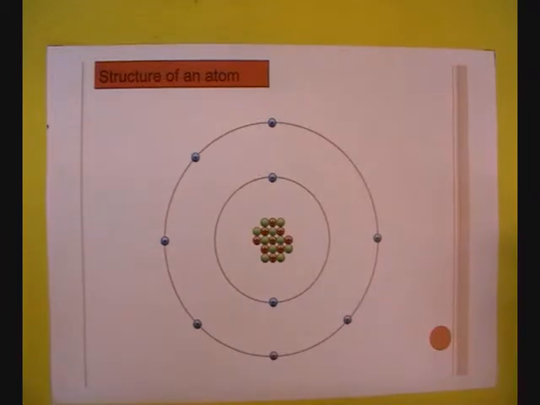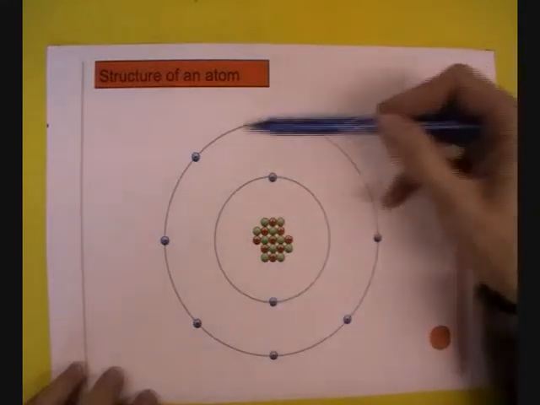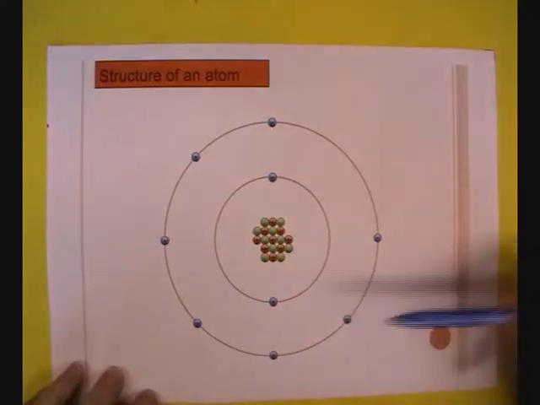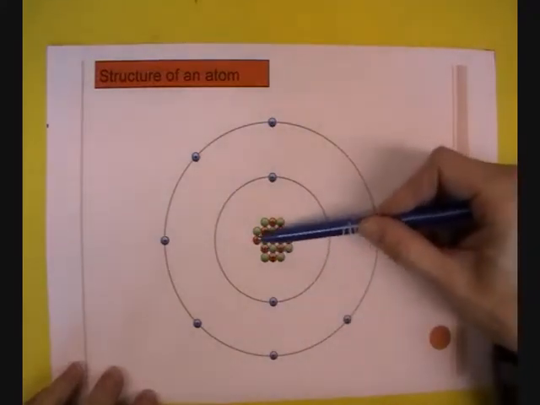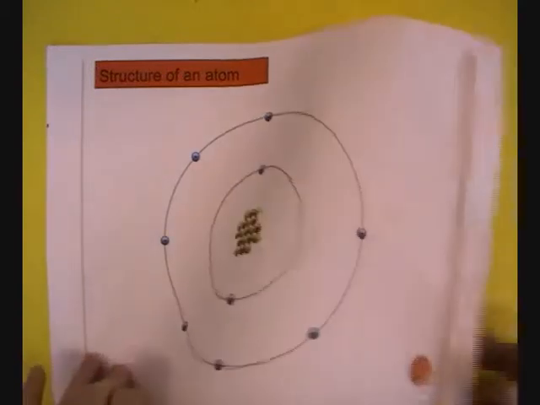Okay, so the overall atom is neutral. Electrons are negatively charged, so we've got 1, 2, 3, 4, 5, 6, 7, 8, 9 electrons in this particular atom, and we've got 1, 2, 3, 4, 5, 6, 7, 8, 9 protons in the nucleus. So just a wee bit about the charges and so on.